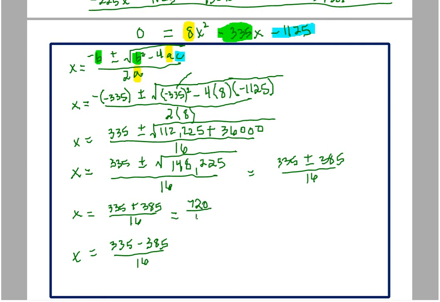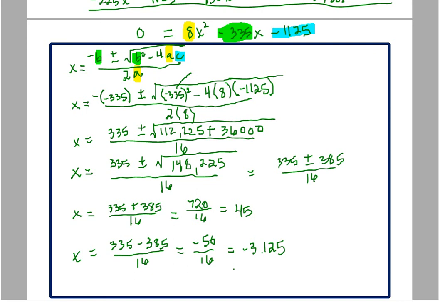And let's divide it by 16, and that's 45. Let's do the second one. We have 335 minus 385. That gives us a negative 50 divided by 16, which is a negative 3.125.